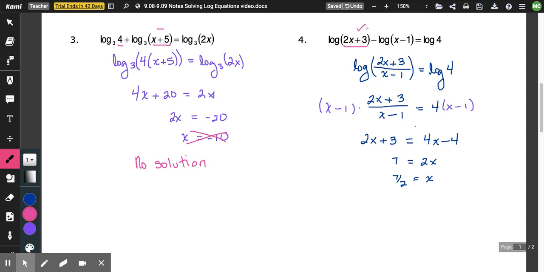So this one's okay. If I put 7/2 in here, I have to subtract 1. As long as 7/2 is bigger than 1, when I subtract 1, it's still going to be positive. 7/2 is 3.5, so it's still larger than 1. That means this is a good solution.